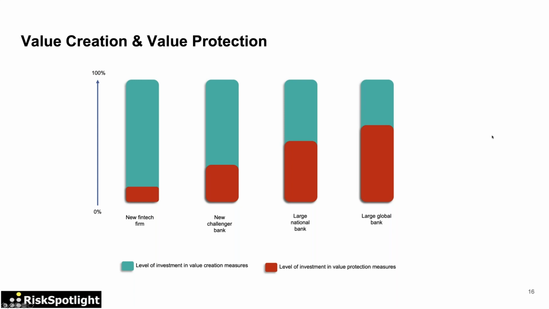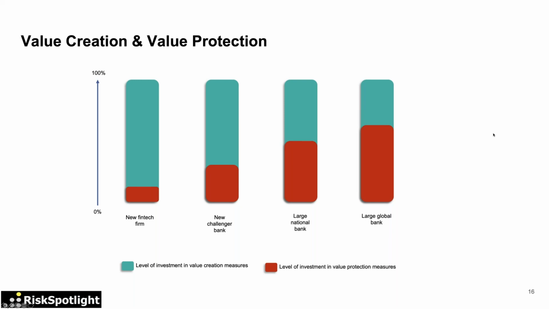You have lots of operations, lots of customers, lots of compliance regulations you need to comply with. So a large global bank may be spending 50, 60, 65% of their budget on value protection. And think of that value protection as everything in credit risk, market risk, operational risk, strategic risk. All that goes as part of the value protection.